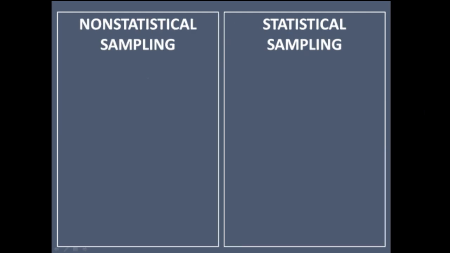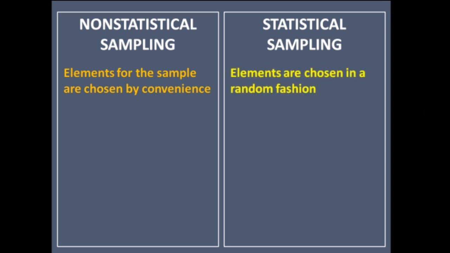Two types of sampling that we'll look at are non-statistical sampling and statistical sampling. Non-statistical simply might mean that elements are chosen for our own convenience. In order to be considered statistical sampling, we cannot choose items for our own convenience, but elements absolutely must be chosen at random.